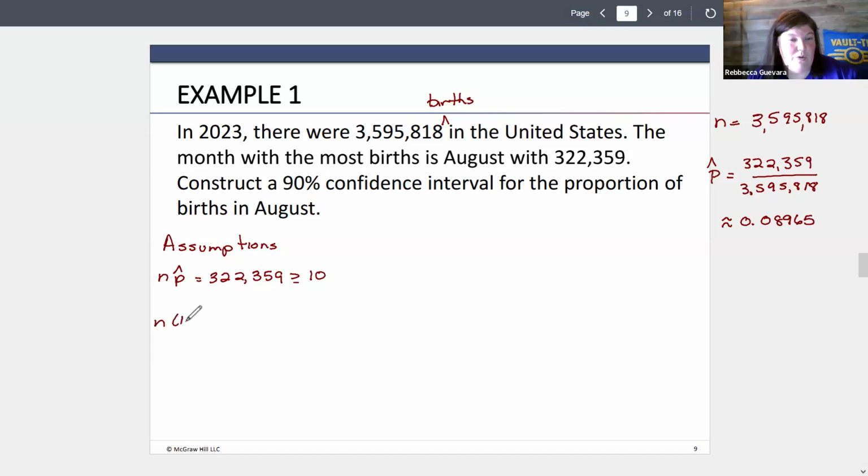So n times 1 minus p hat would be pretty much all my births that are left over. That would be 3,595,818 times 1 minus 0.08965, which is 3,273,459.